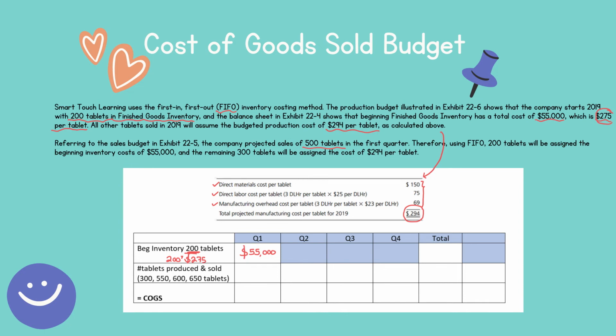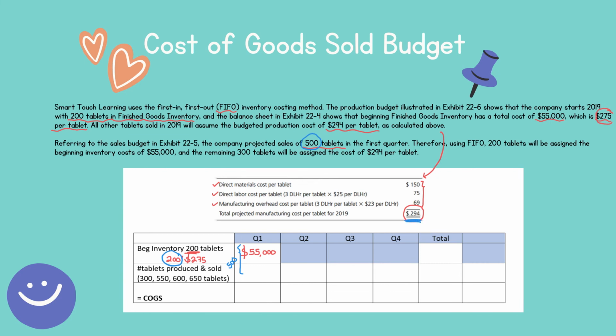In quarter 1, budgeted sales in units was 500 tablets. So I took 200 from the balance in my balance sheet. Now I need 300 more because we said the total for quarter one is 500 units. So 200 units were from 2018 and 300 units will be from 2019.